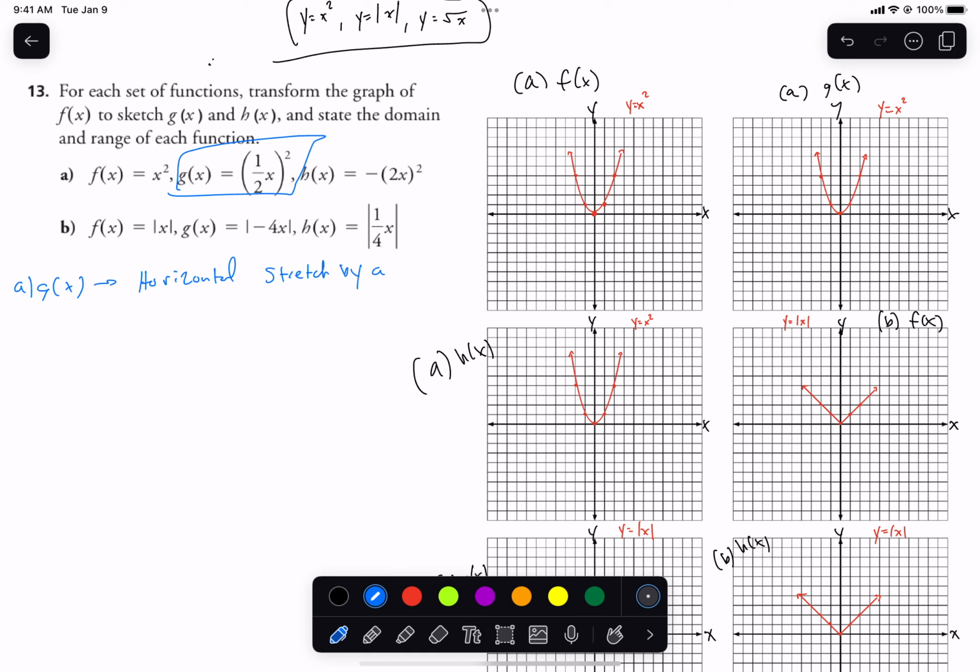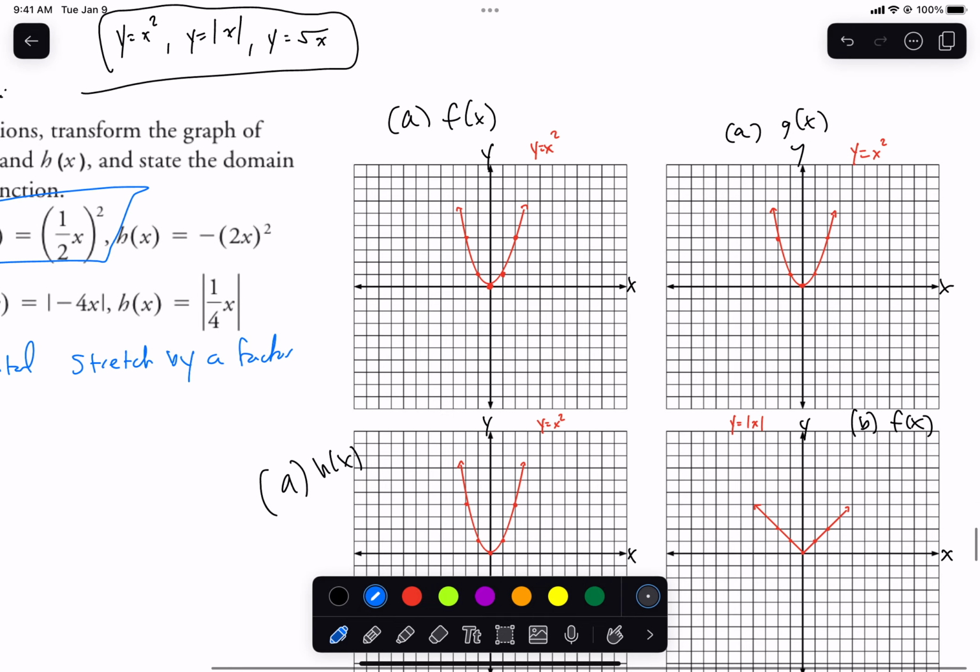by a factor of, not 1/2, of 2. So we're going to horizontally stretch the base graph of y equals x squared, and we're going to get the new g of x function. Horizontally stretching by a factor of 2, that goes to there. And if we're 2 away, it's going to go to 4. 0 stays at 0, 1 goes to 2, 2 goes to 4.